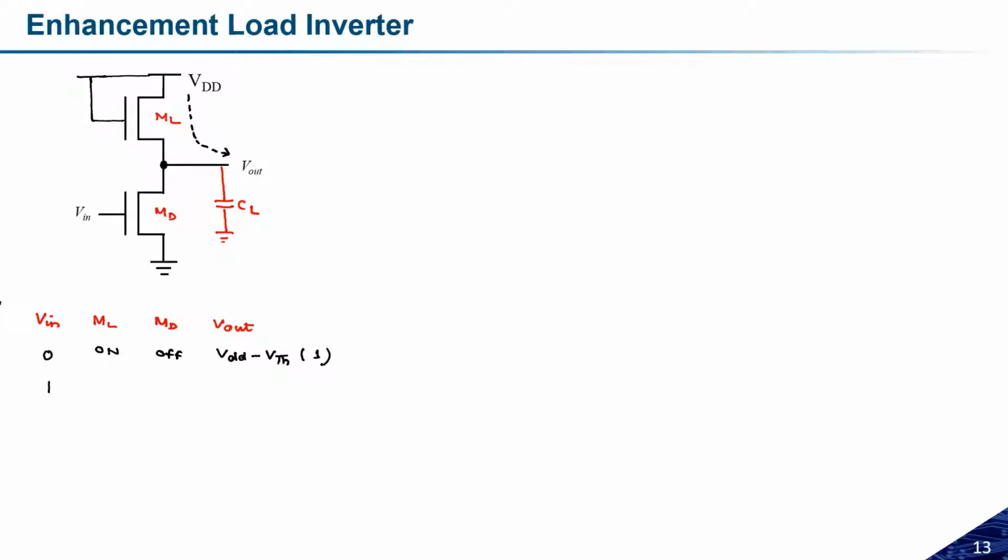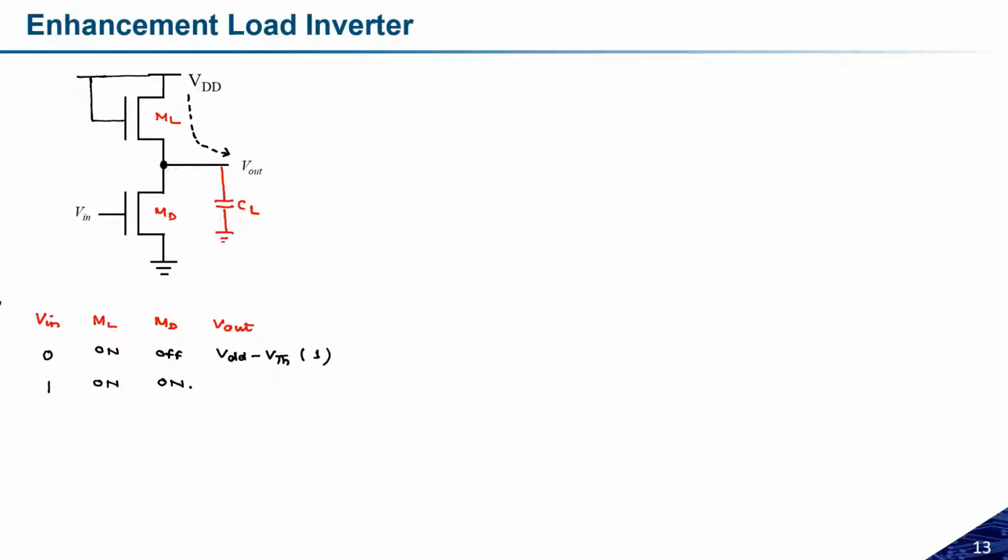Similarly, if the input is equal to 1, in this case what will happen? Because ML is always in the on state, and MD will also be in the on state, it will act as a voltage divider circuit, because both the transistors are in on state and they will form a voltage divider.